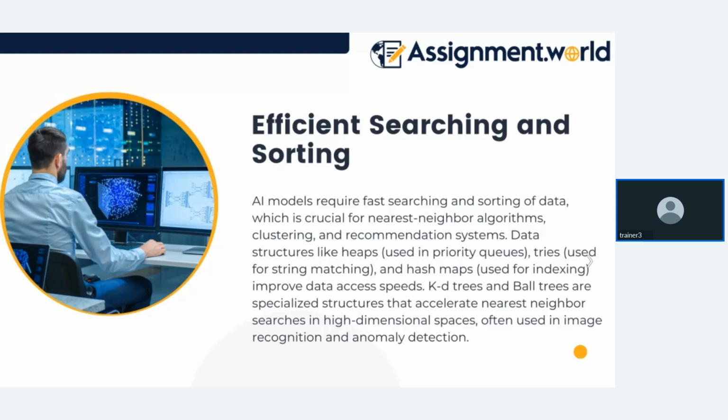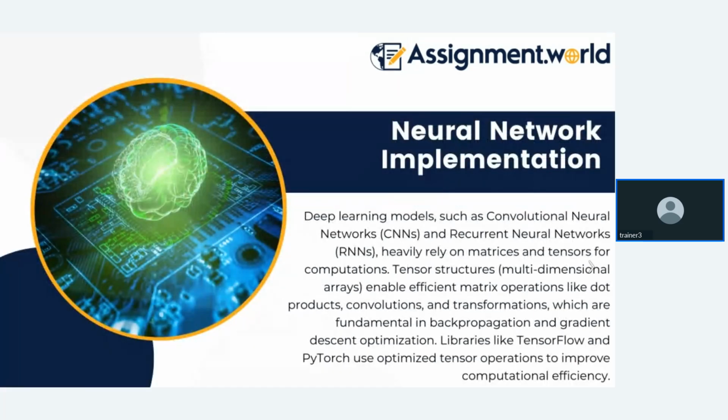And under algorithms, we have search algorithms, sorting algorithms. We have neural network implementation. I think I have mentioned all of these algorithms yesterday. In AI, we use various search algorithms, and under search, we have informed search and uninformed search algorithms.